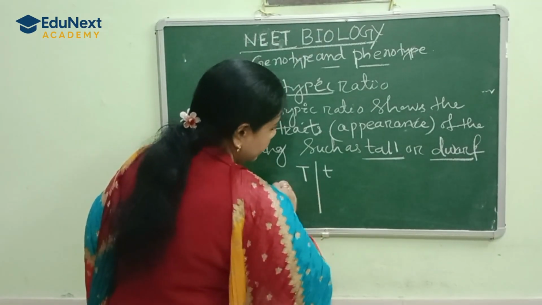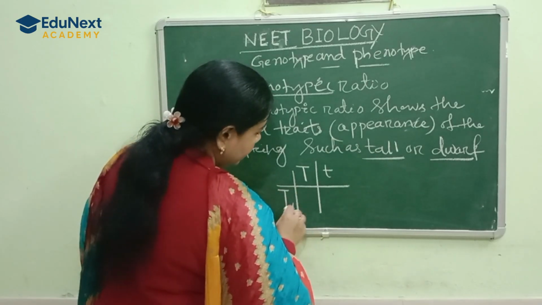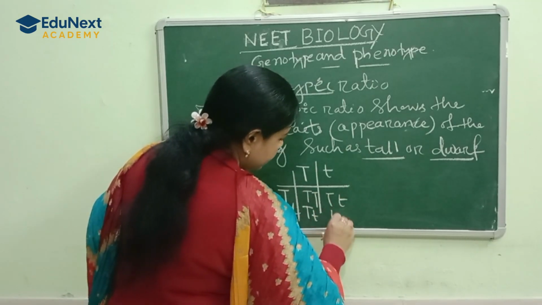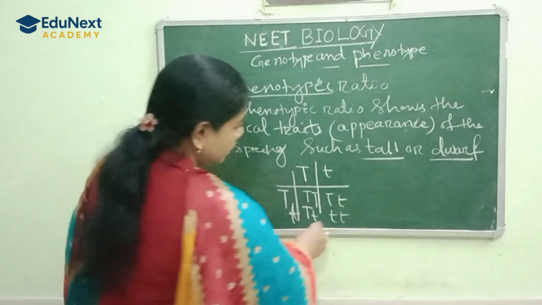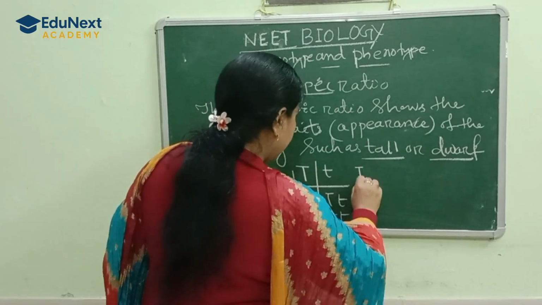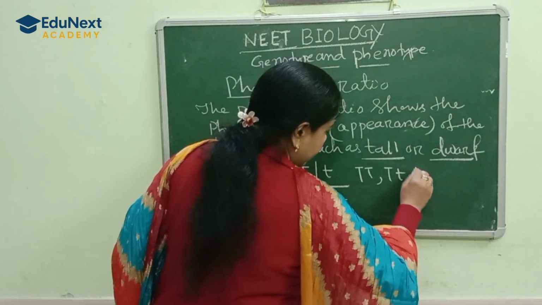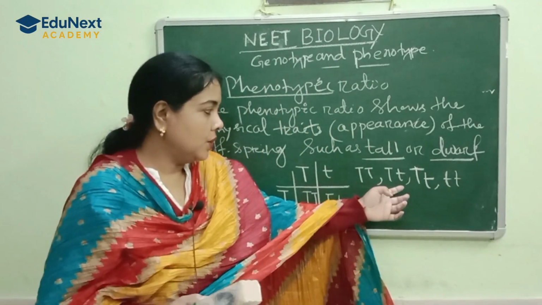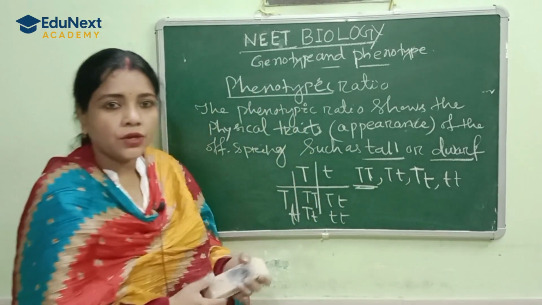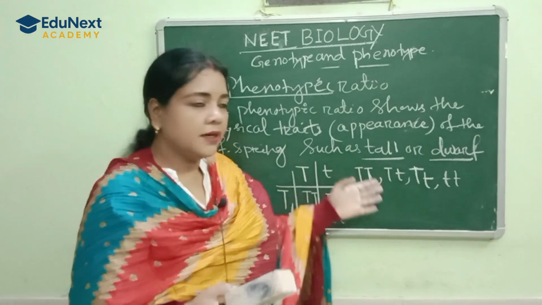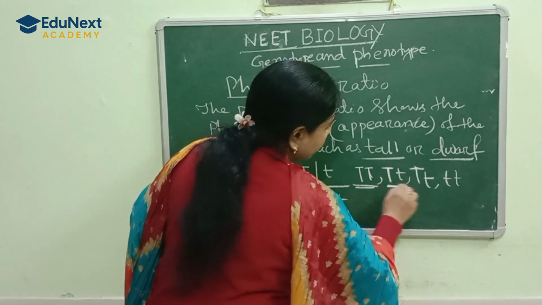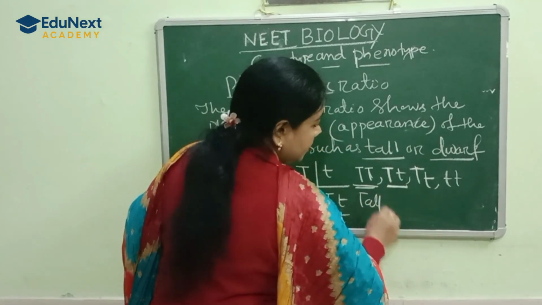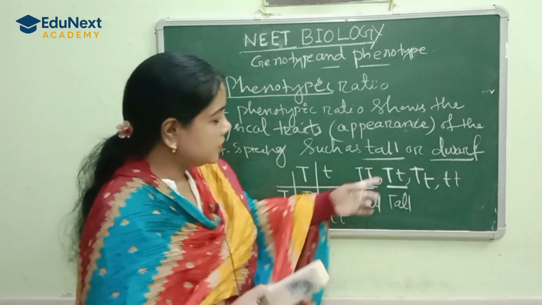The combinations you will get are TT, Tt, Tt and tt. Here the tall gene is expressed from both the mother side and the father side, but the expressed trait is capital T. Here you can consider tall, here also tall, because T is dominant and t is recessive.